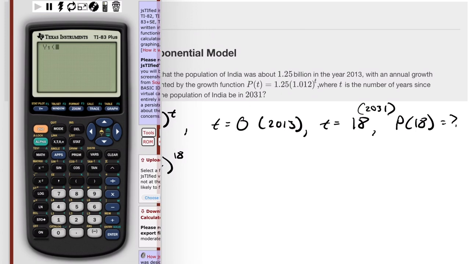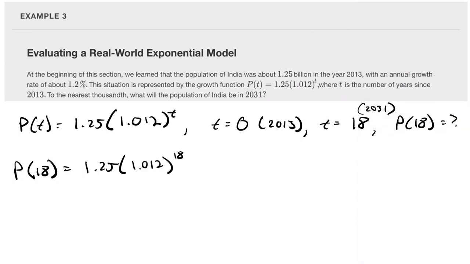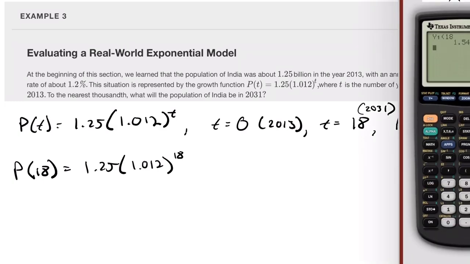I want to evaluate this function when x is 18. So 1.55 billion approximately. To the nearest thousand, that's 3 decimal places: 1.549.